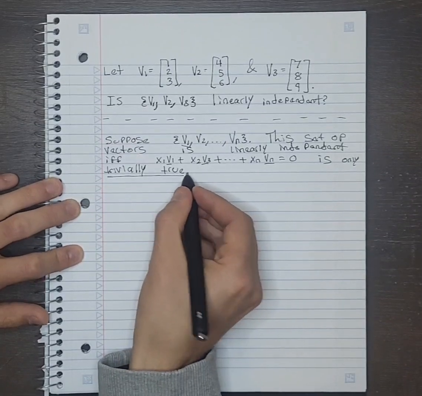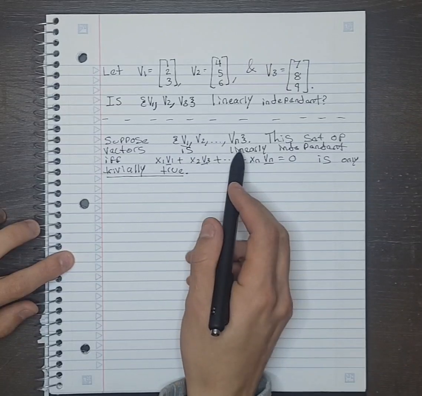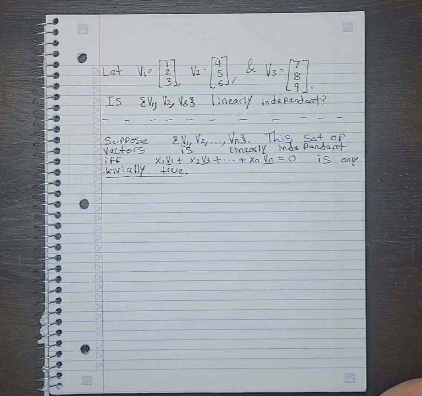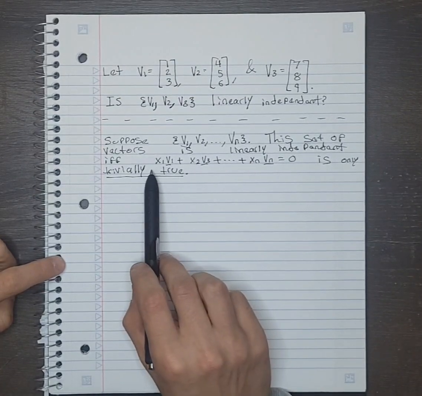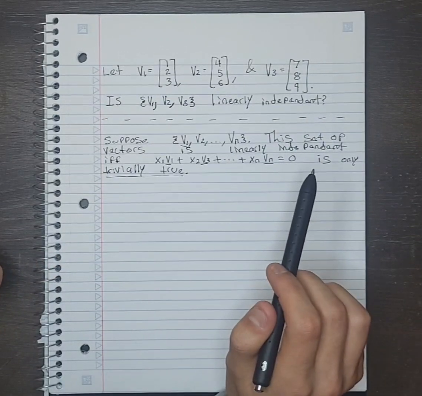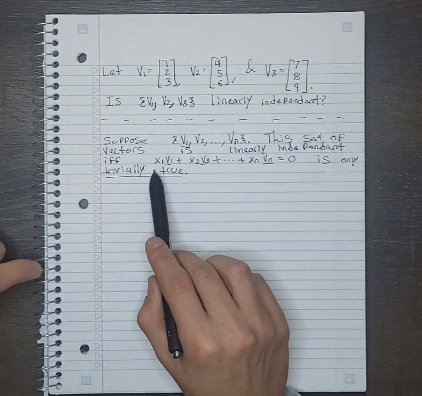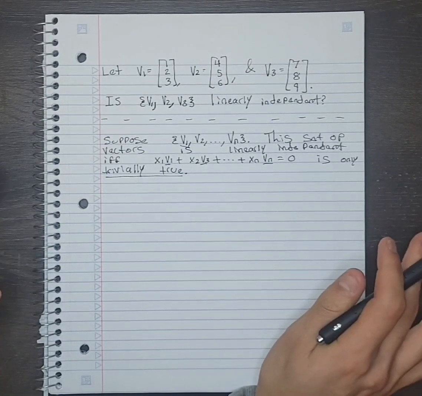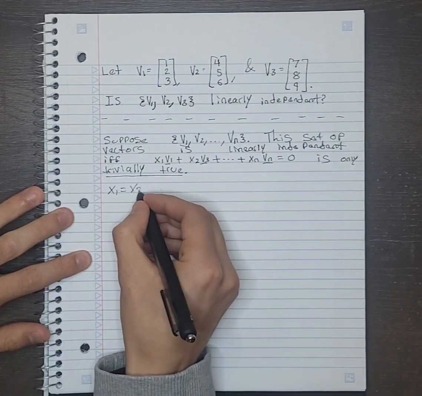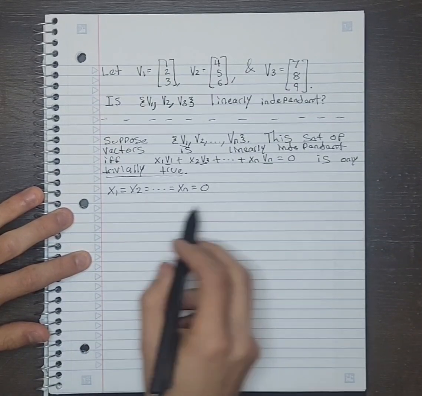What this is essentially saying is that, provided this set of vectors v1 through vn, if we take a linear combination of all of those vectors with weights x1 through xn, then we set that linear combination equal to 0, and this equation is true only trivially, which means that x sub 1 equals x sub 2 equals dot dot dot x sub n, and all of these values are equal to 0.